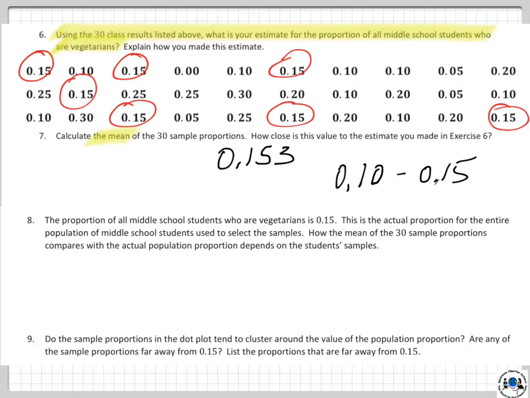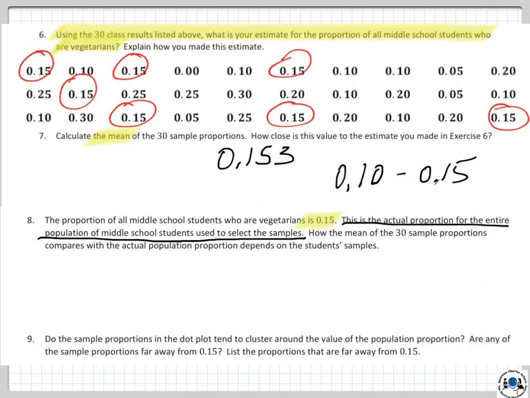The proportion of all middle school students who are vegetarians, as we see now, we're going to round it to the nearest hundredth. This is about 0.15. Now, that's not the interesting part, but this is the actual proportion for the entire population of middle school students used to select the samples.